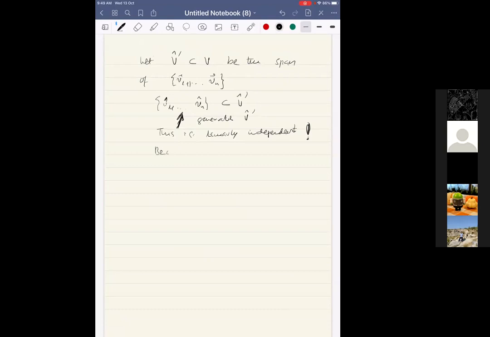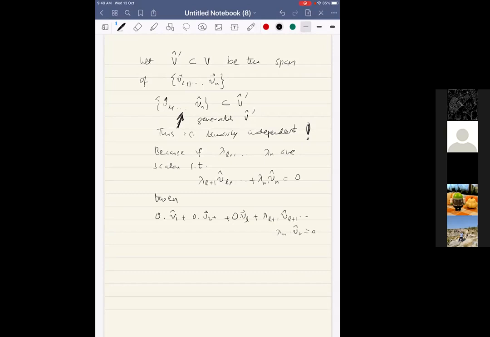Because if lambda L plus 1 to lambda n are scalars such that lambda L plus 1 times VL plus 1 up to lambda n times Vn is 0, then 0 times v1 plus 0 times v2 plus 0 times vL plus lambda L plus 1 times VL plus 1 up to lambda n times Vn is 0.